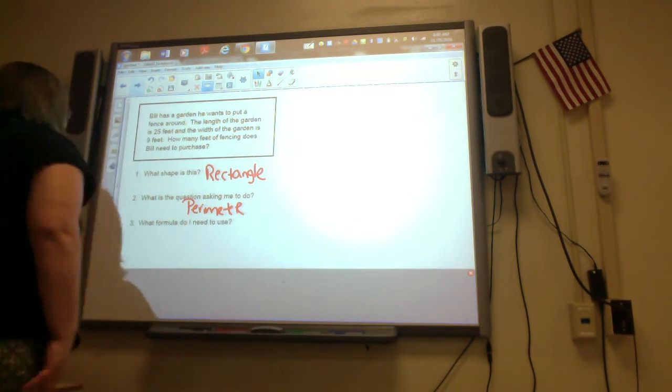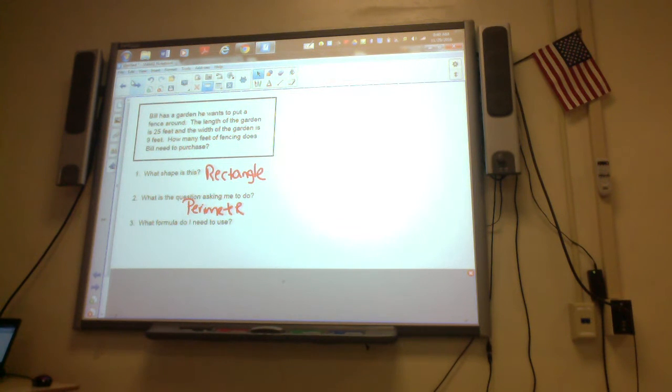So the third question, what formula do I use to find the perimeter of a rectangle? How do we find the perimeter of any shape? Martavius. You said it again. How do I find the perimeter of any shape?